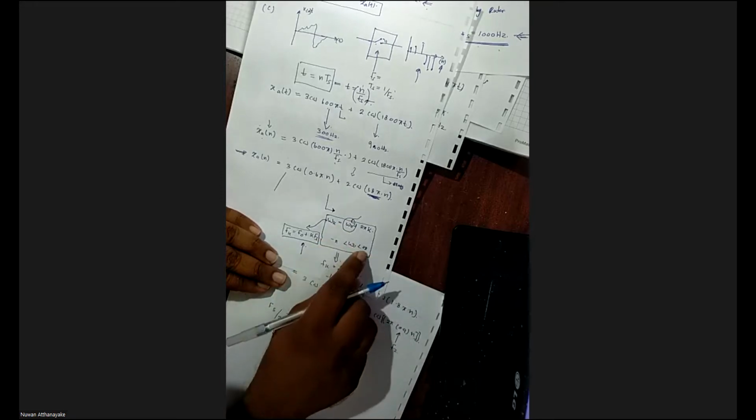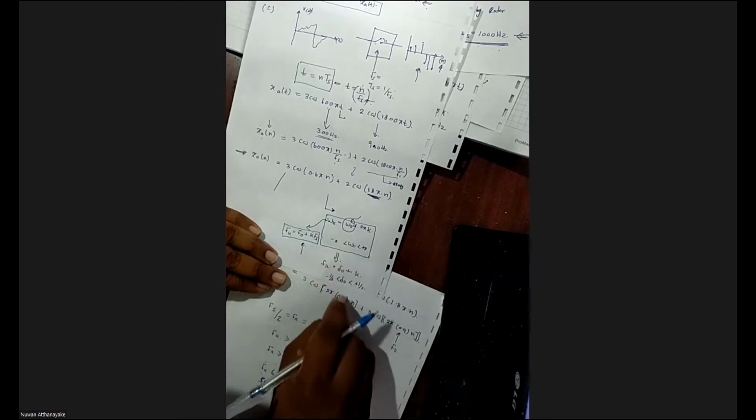The limits for F naught are minus half and plus half, because omega is within -π and +π. Omega is equal to 2πF, so you have to divide by 2π to represent omega in F. So you can see that this f2 is greater than plus half, so there should be an F naught value.